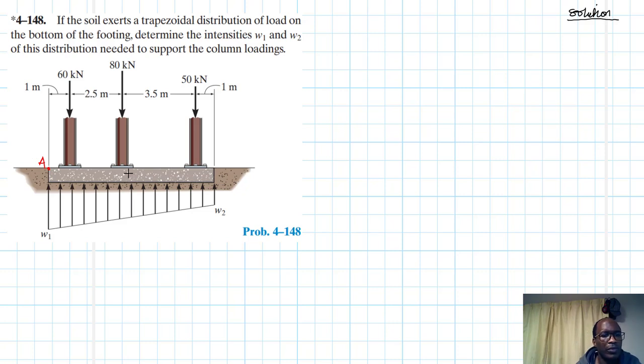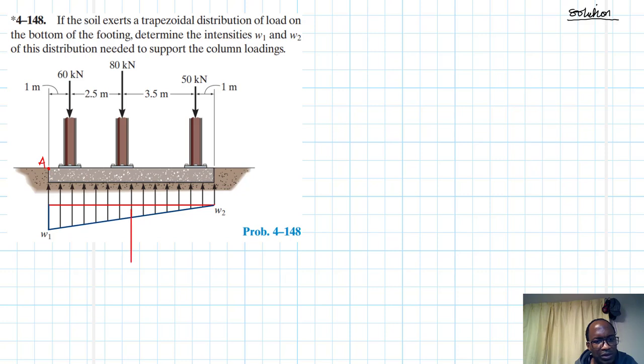Let me divide this load into two parts. Let's say from here to there, like so. That's one rectangular load, and then we have a triangular one. Great, so we have two loads. We need now to represent this particular load as equivalent forces.